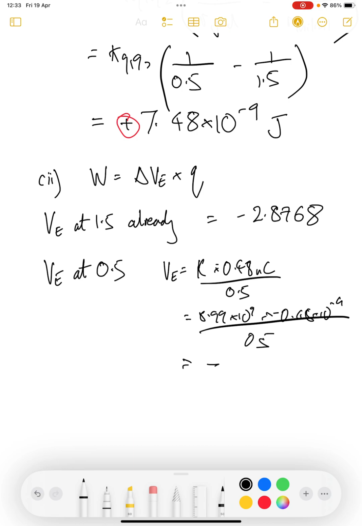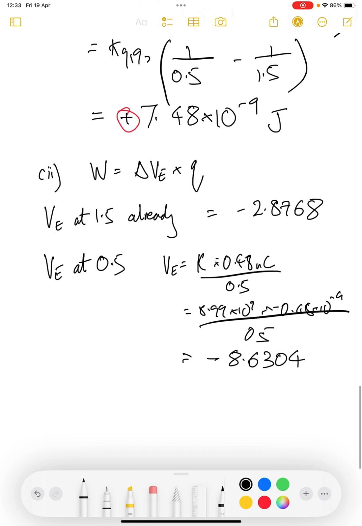Should have been a minus sign there. We get minus 8.6304.